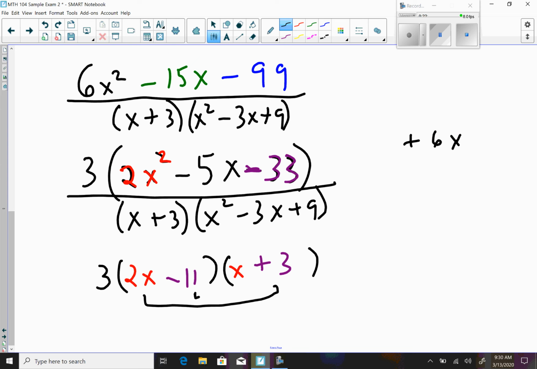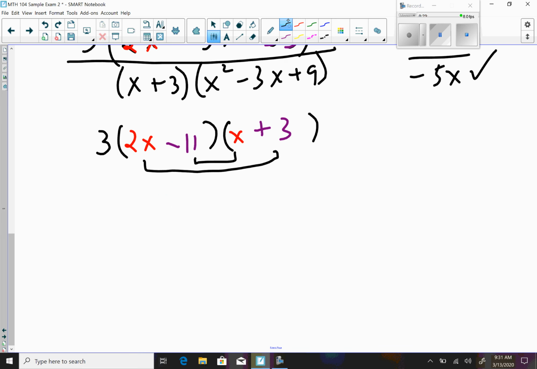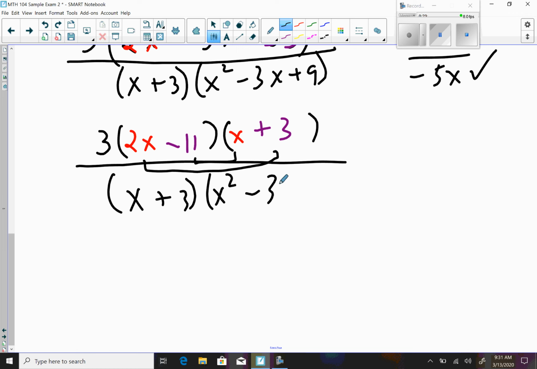And negative 11 times x is negative 11x. Positive 6x and negative 11x is negative 5x. That's a check because right there, negative 5x. And this is still all over the common denominator, x plus 3, x squared minus 3x plus 9.